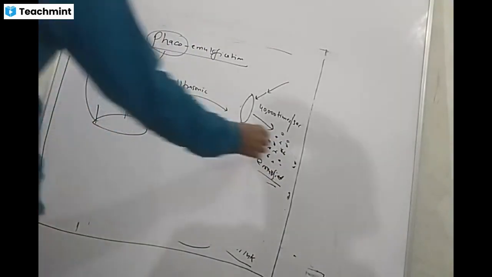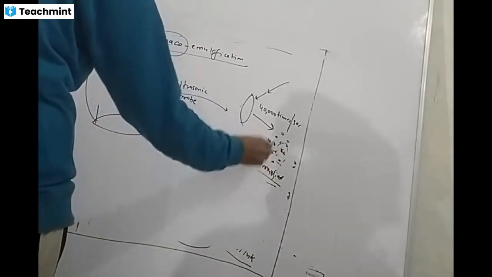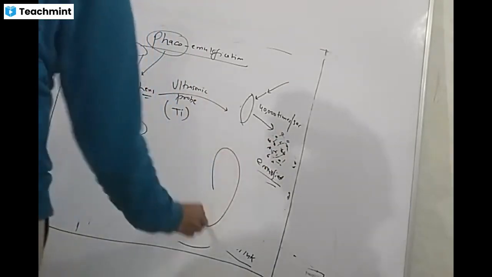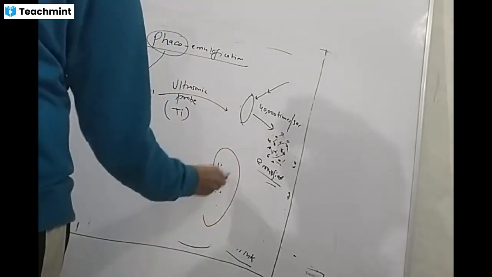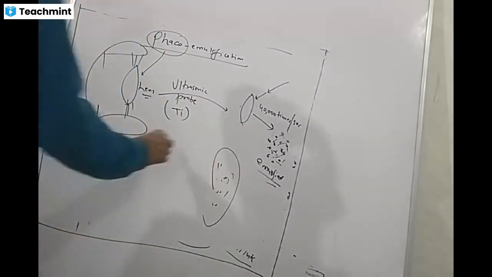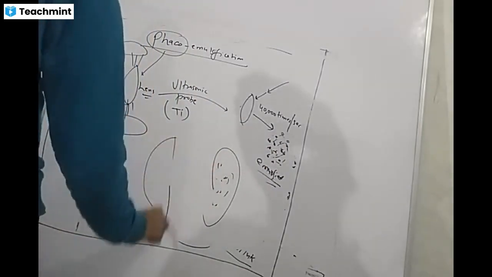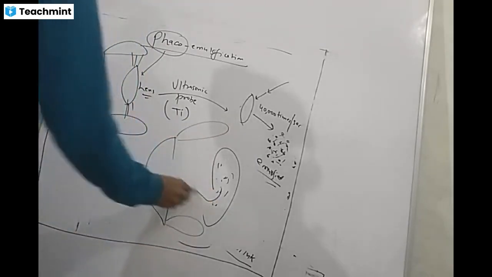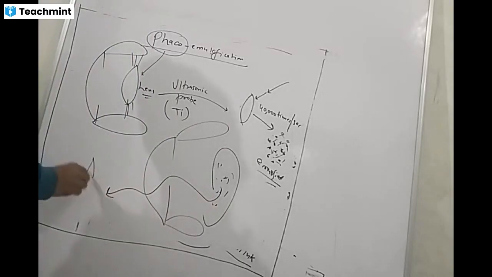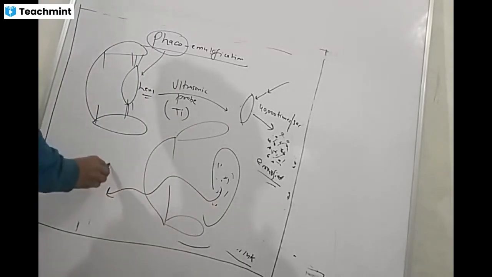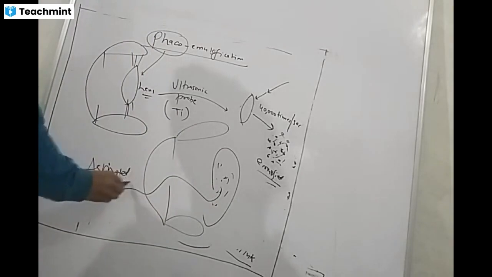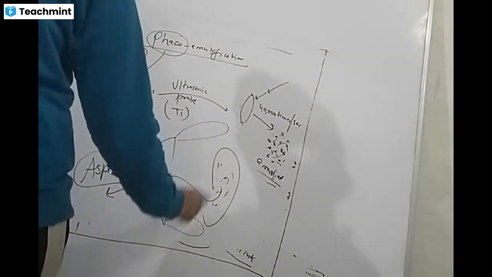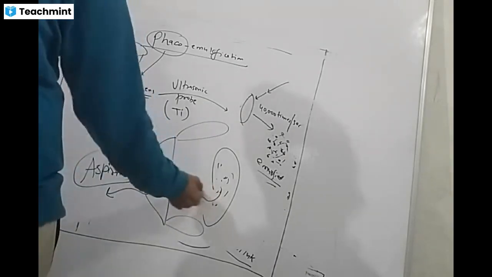If the lens, its cortex, nucleus, everything becomes emulsified, then this content is aspirated outside through the anterior capsule nick or hole.